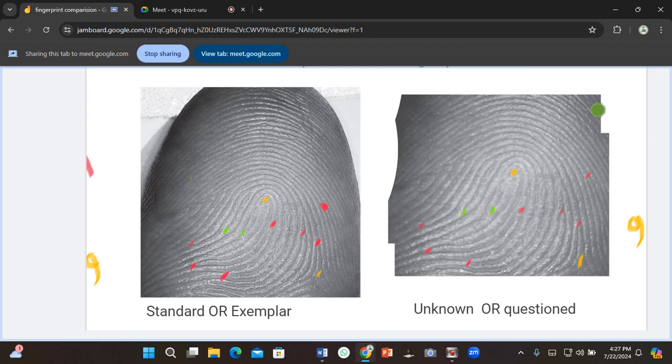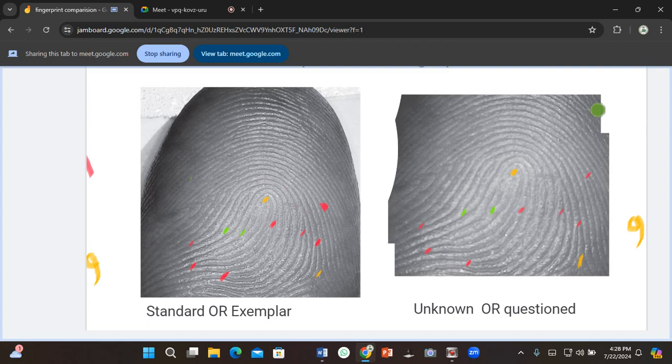There are three possible conclusions for the results of the examination. The first is identification. That is, when you have a match, you compare the two and you are able to determine that both of them are from the same source.